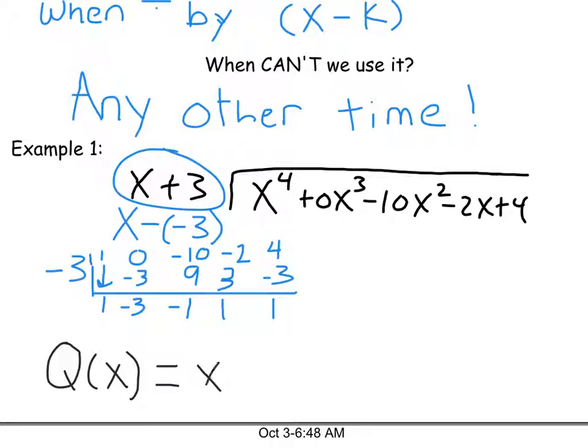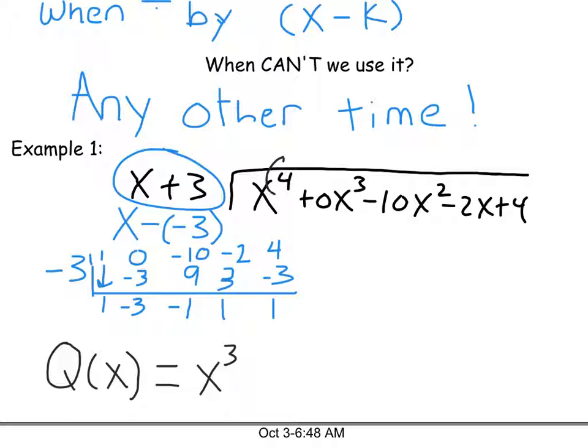Those numbers that we got are all the coefficients. X to the third. How did I know to start at x to the third? Because in the one and only case you can use synthetic division, it always reduces the power that you started with. It always reduces that by 1.